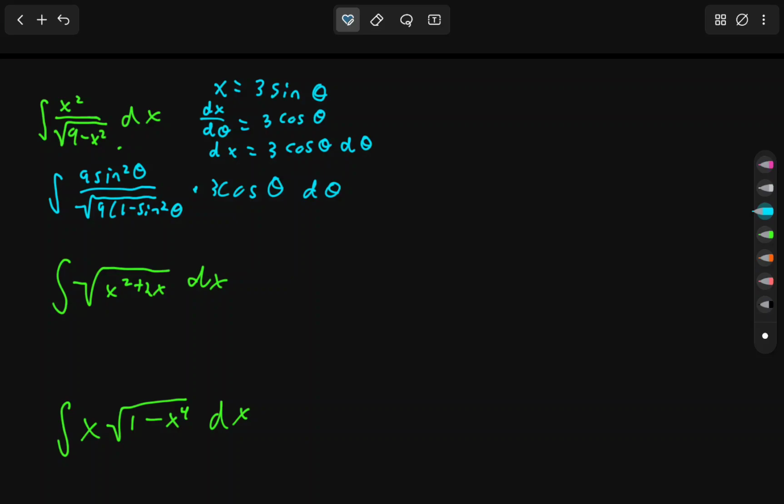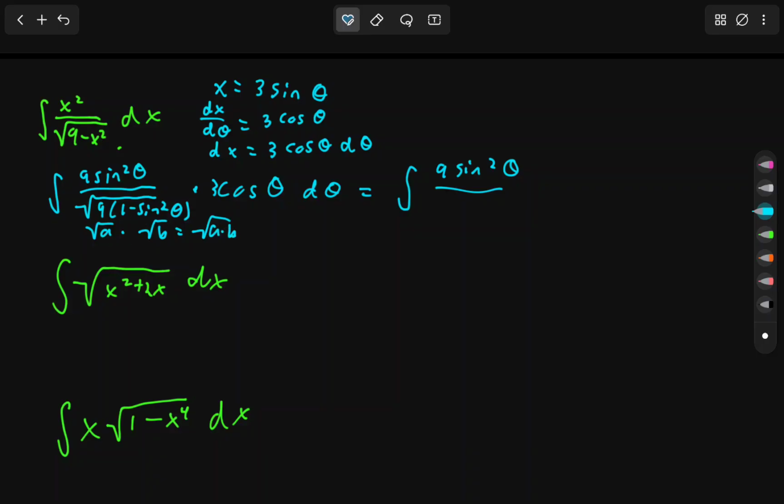Well, now what we have to do is simplify this. So this becomes the integral of 9 sine squared of theta divided by, we're going to just distribute the square root, because the square root of a times the square root of b is equal to the square root of a times b.